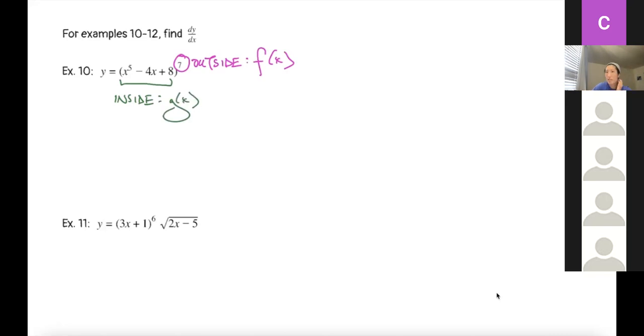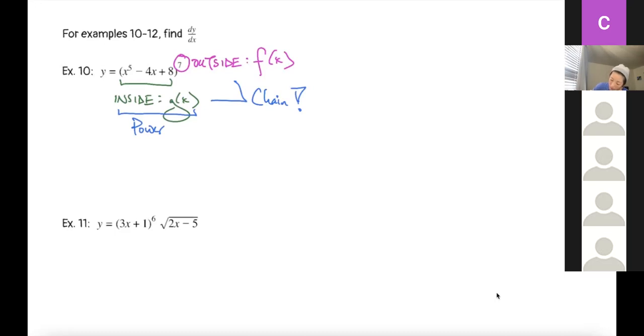And I really like how thorough we were in saying what rules we need. To take care of the fact that we have an outside and inside function, we're going to need to use chain rule, okay? And to find the derivative of just the g of x, we'll need to use power rule, and we use that also for the chain rule, okay?